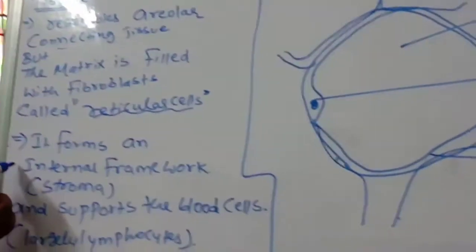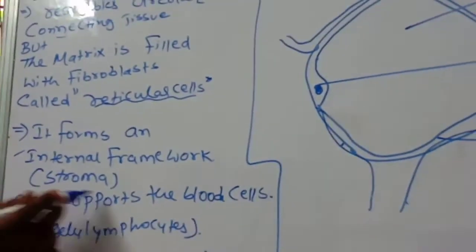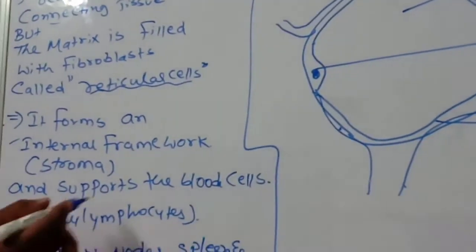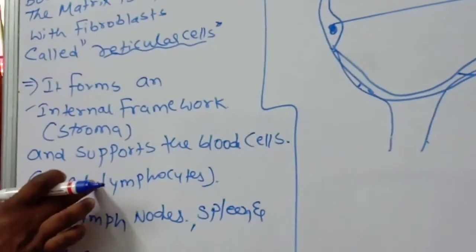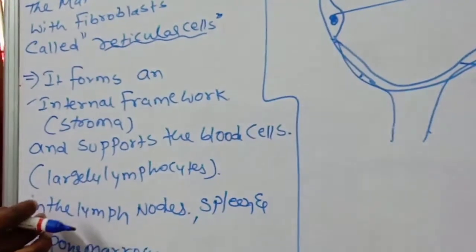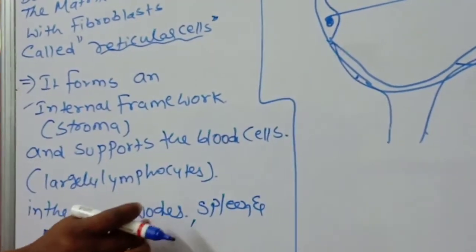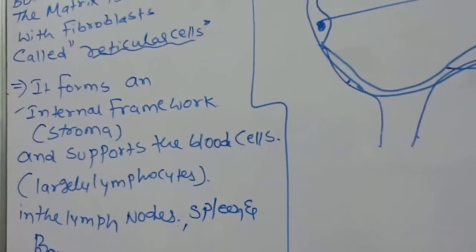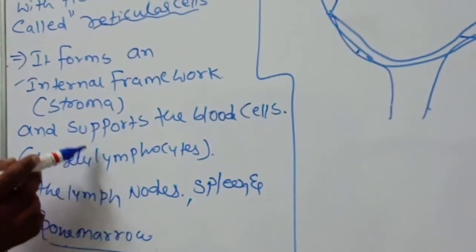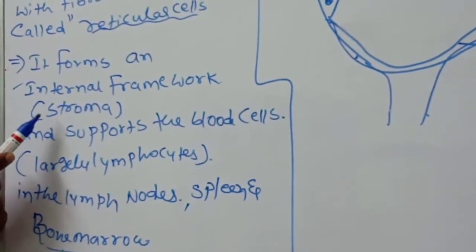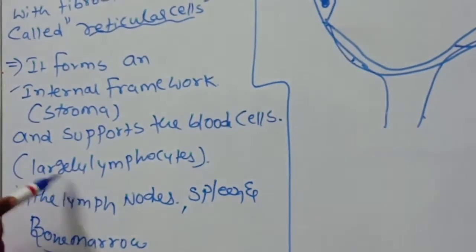It forms an internal framework, stroma, and supports the blood cells, largely lymphocytes in the lymph nodes, spleen, and bone marrow. So in all these areas, the reticular connective tissue supports the lymphocytes.